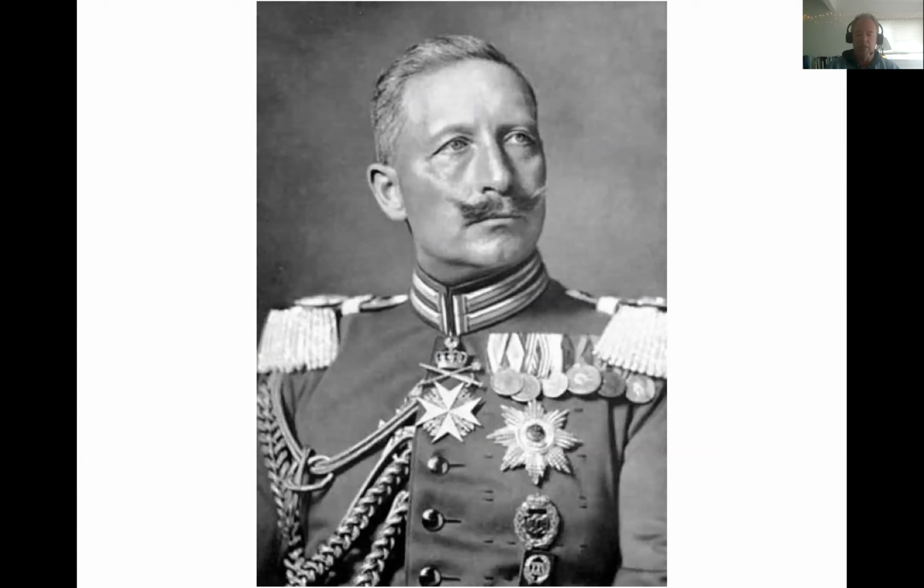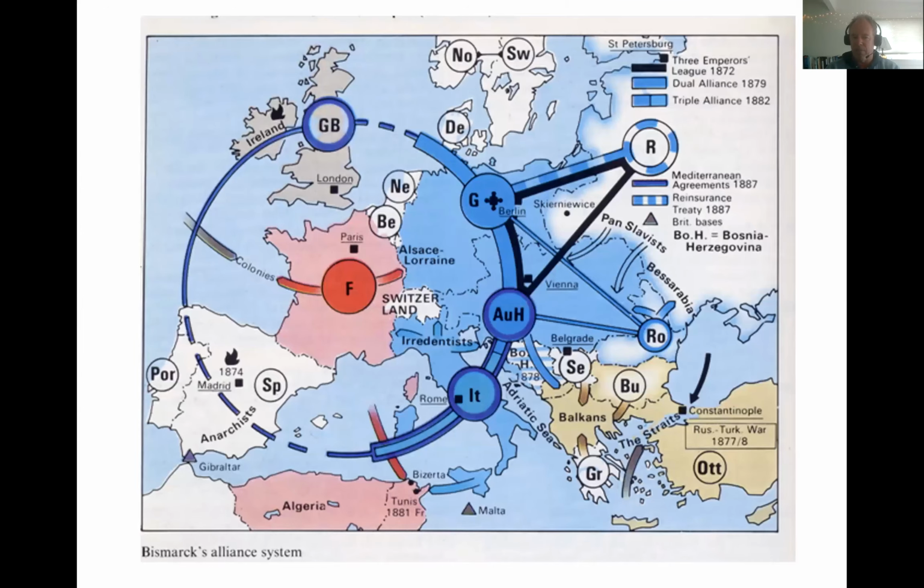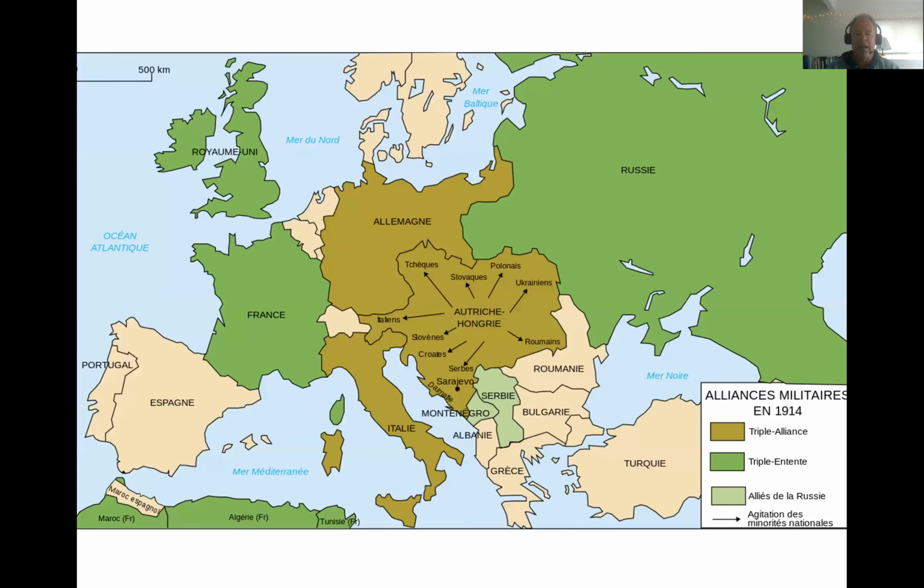The problem is that the Kaiser dies in 1890. He's replaced by his son, Kaiser Wilhelm II. Wilhelm the son wants to have Germany play a more expansive role. He gets rid of Bismarck and no longer adopts the policy that Germany should basically be more or less peaceful with every country in Europe except for France.